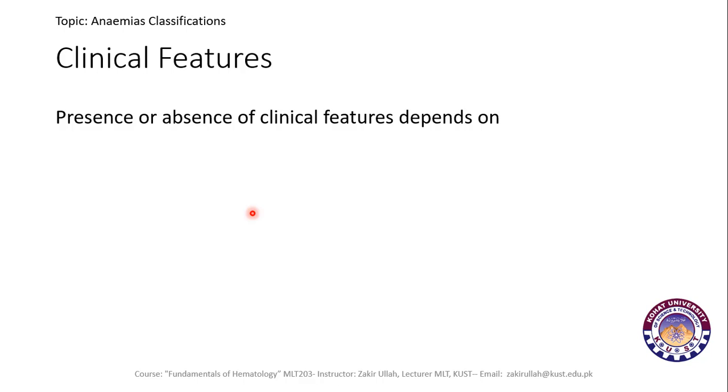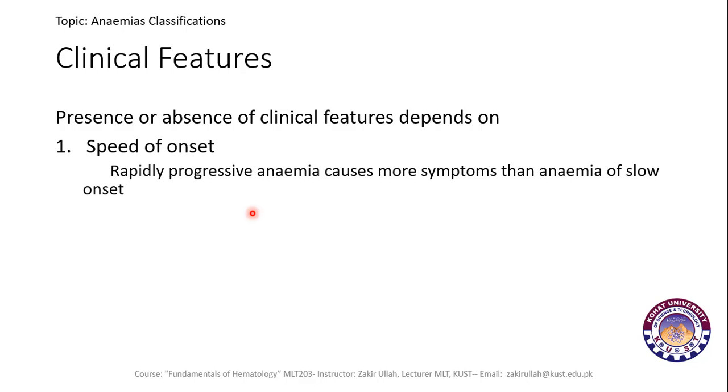The clinical features of anemias. The clinical features, their presence or absence, depends upon multiple factors. The first of them is the speed of the onset of anemia.